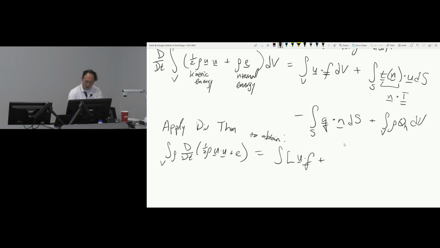All right, u dot f is going to go right here. This n dot t dot u, we saw that before. That's going to become divergence of t dot u.